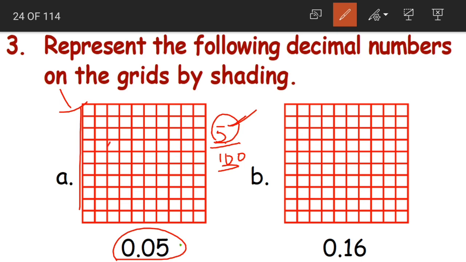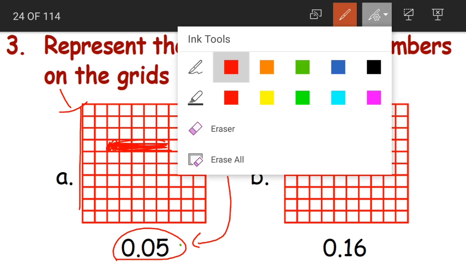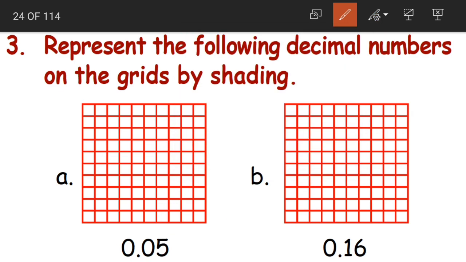The numerator is 5, so that means 5 are to be shaded. 1, 2, 3, 4, 5. So I have shaded 5 squares out of the total 100 squares. So now this figure is representing the fraction 5 by 100. It is nothing but the decimal number 0.05. Is this clear, children?